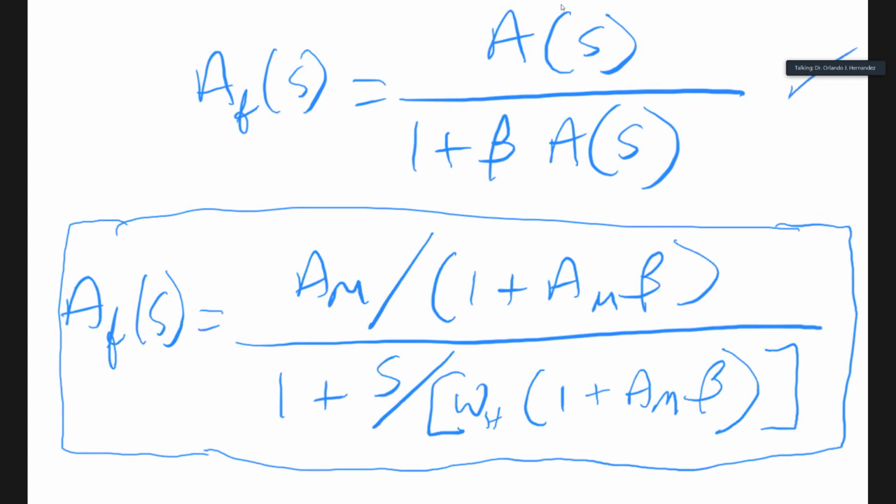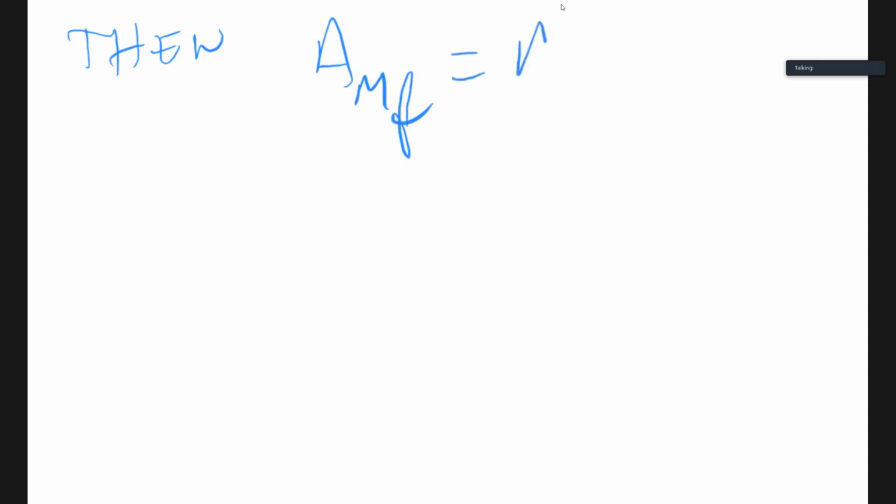So from there, if we compare that to the original expression, we see that with feedback, the midband gain is the open loop midband gain divided by this expression, which is the amount of feedback.